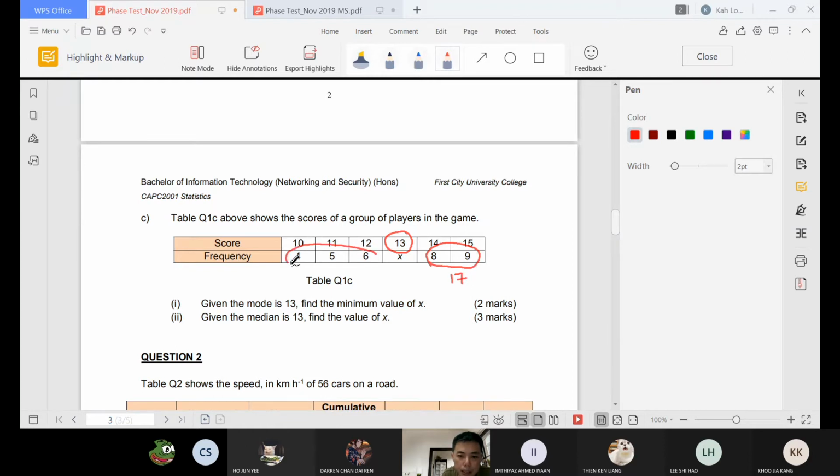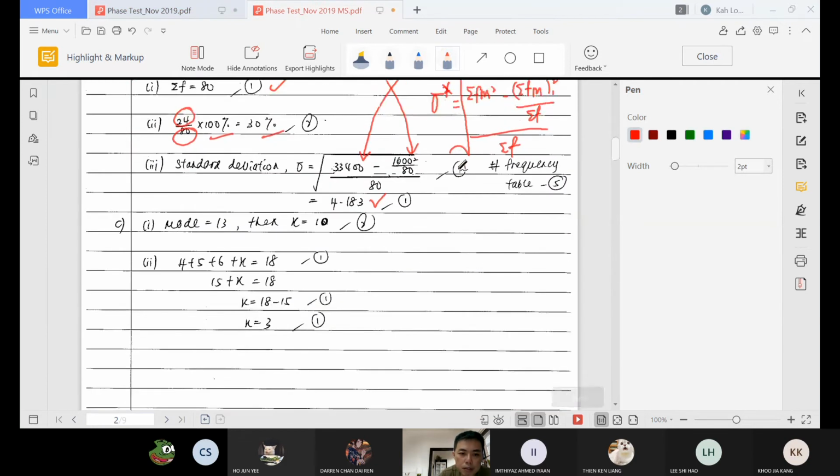Over here you have how many data? You have only 15 data. So you must make it balanced. So how many x should you have? Okay, we look at the answer itself. Just now, mode is 13, so your minimum must be 10.